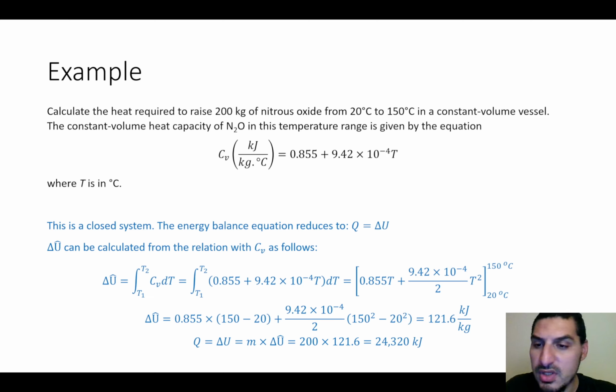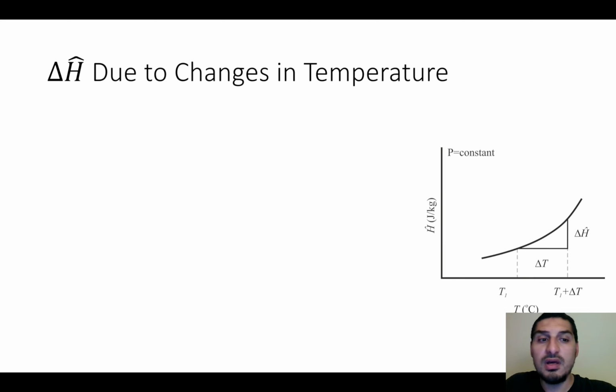I know integration is something that many people are not happy with, but the integrations that we're going to do here are very straightforward, so there is nothing tricky about them.